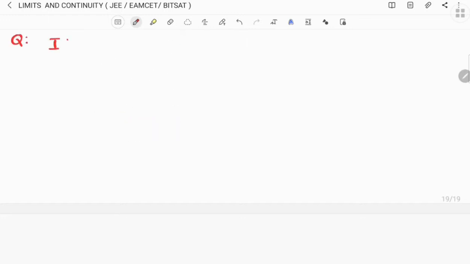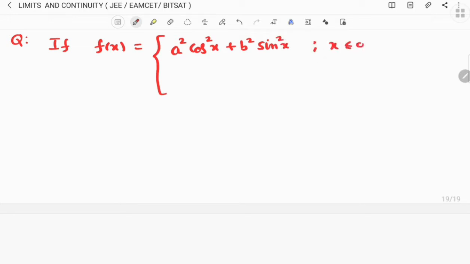If f of x equal to a square cos square x plus b square sin square x when x is less than or equal to 0, e power ax plus b when x is greater than 0.